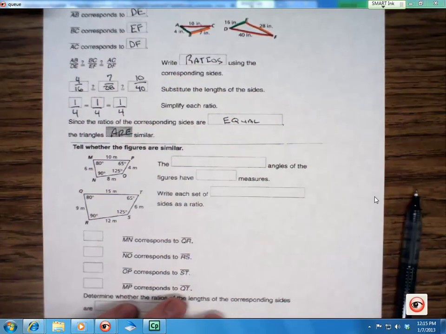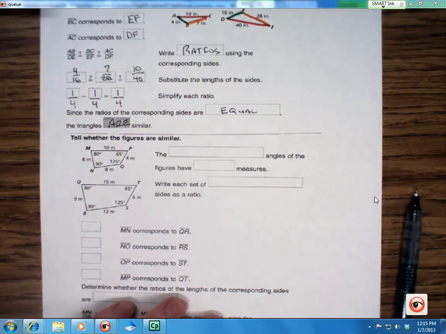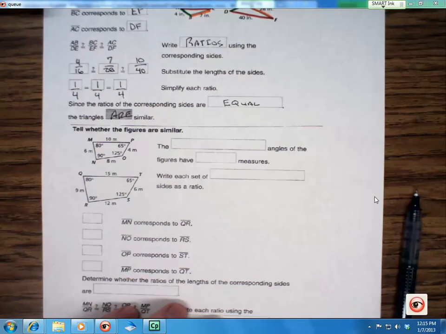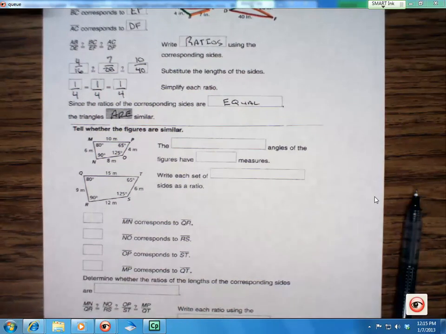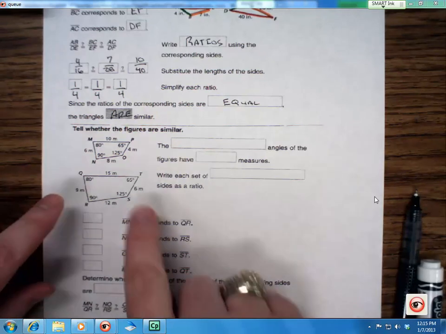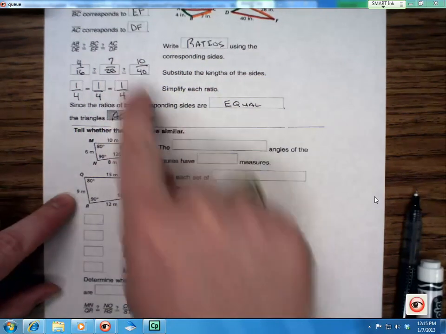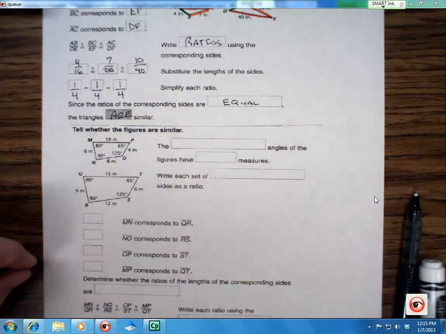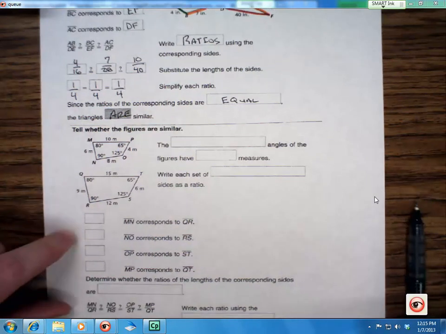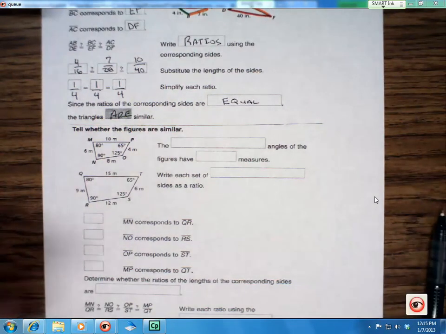Let's take a look at our bottom section. Now, the bottom section looks at the shapes like we did up here, but it also looks at the angles, because one quick and easy way to determine if shapes are similar or not is whether or not they have corresponding angles.